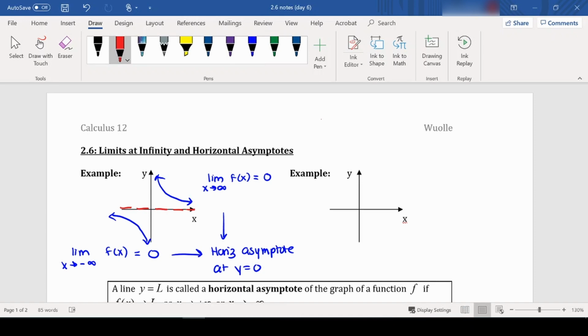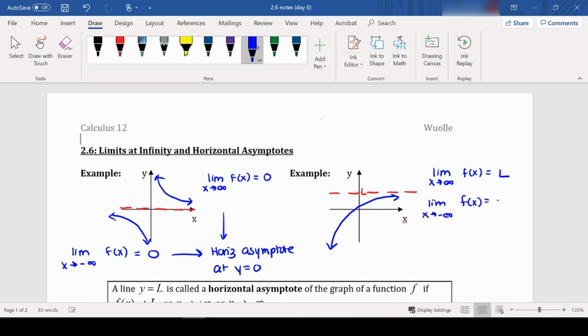So where you might see one where it doesn't approach both is something like this. This one, I have the limit as x approaches infinity of f of x equals, I'm just going to call this L. But my limit as x approaches negative infinity of f of x is equal to negative infinity.